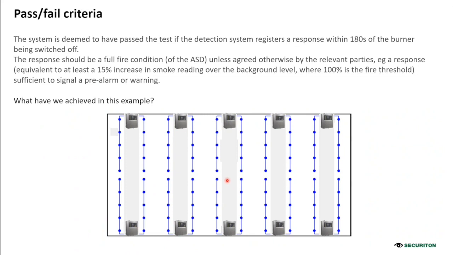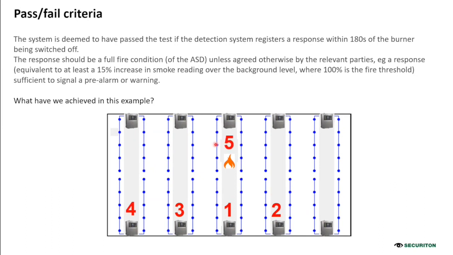This is an example of what's happening in this installation. We place the pellet in this position, and the first detector that went into alarm is the opposite one, then this one, then this, and last this one.